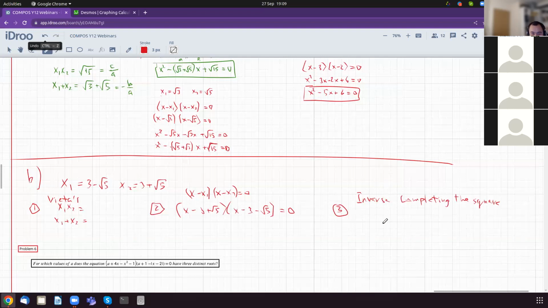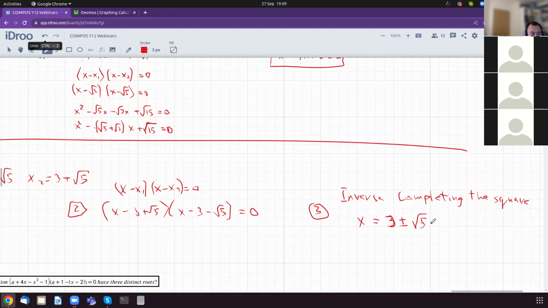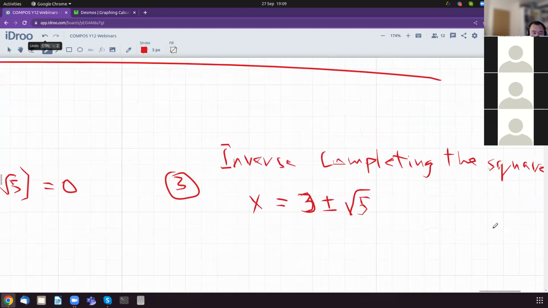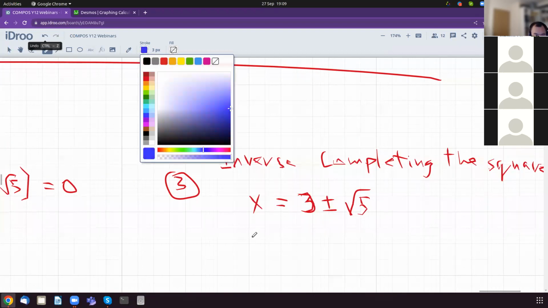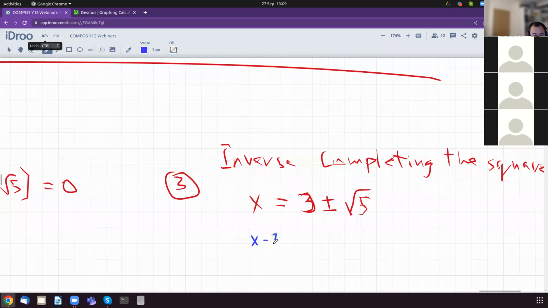Right, so we have x is equal to 3 plus or minus square root of 5. We're going to take 3 to the left-hand side: x minus 3 equals plus or minus square root of 5.